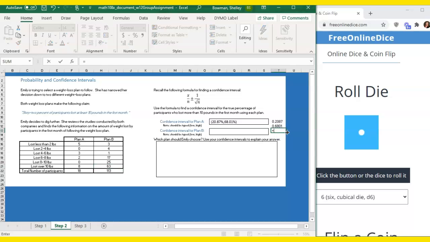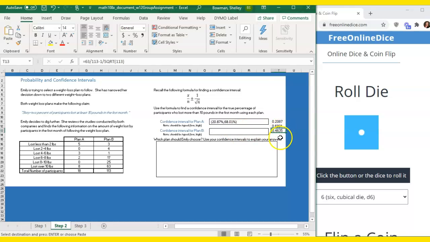I'll do equal, and I'm going to type in 63 divided by the n, which is the total number, 113, subtract for the lower side of the confidence interval, and then 1 divided by the square root, SQRT, open the parenthesis, and again I'm just going to type in 113 because that's our n, just so that I can copy and paste. Okay, so now I have my lower limit to my confidence interval here.